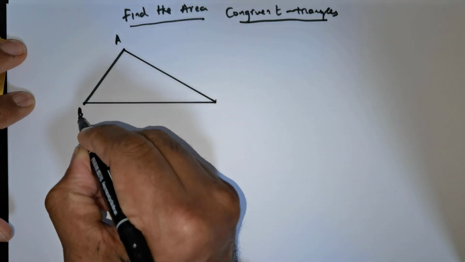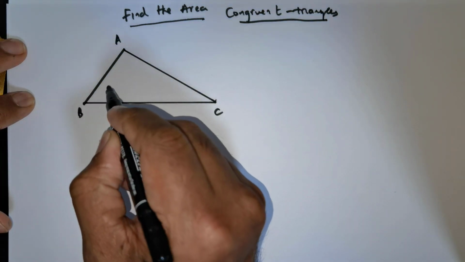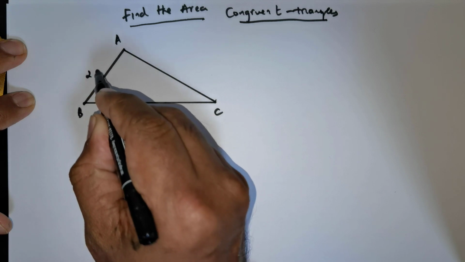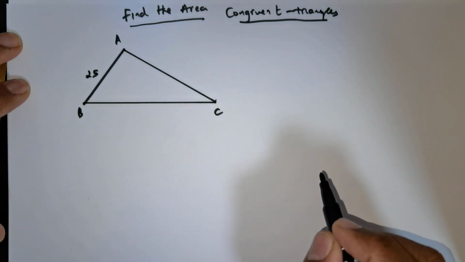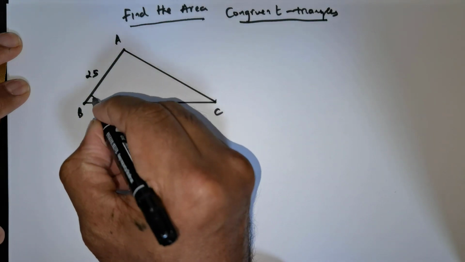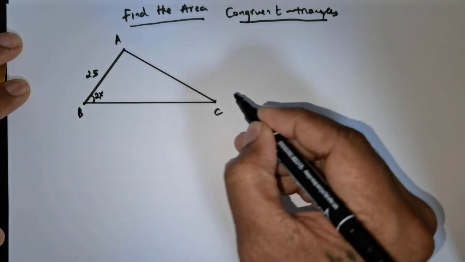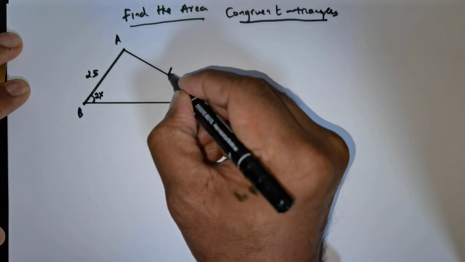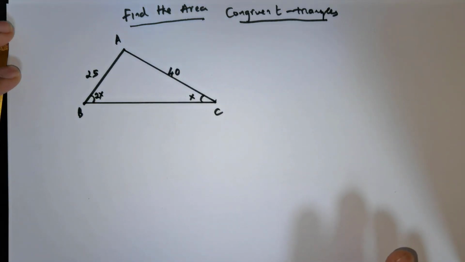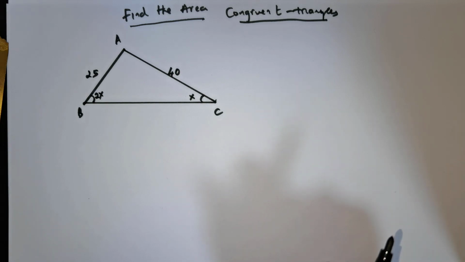This is A, B, C. We have this side given as 25 and this angle is 2x. This angle is x and this distance is 40. So we are expected to get the area.